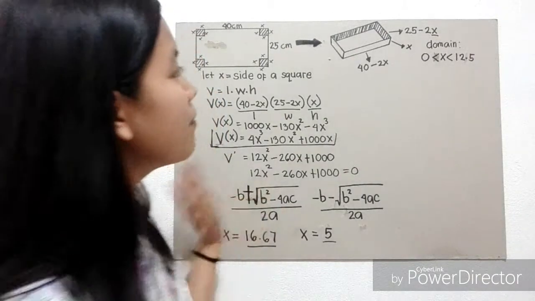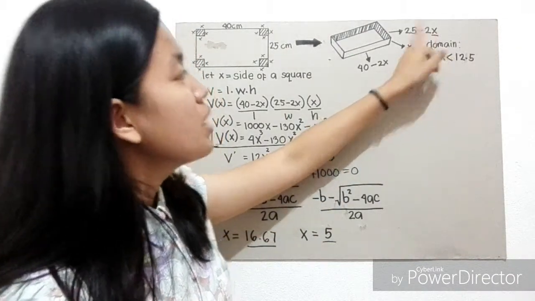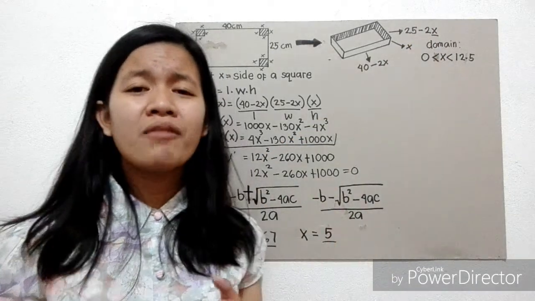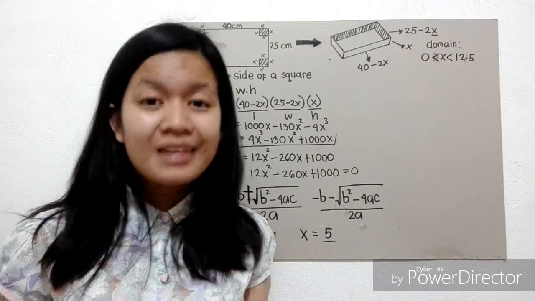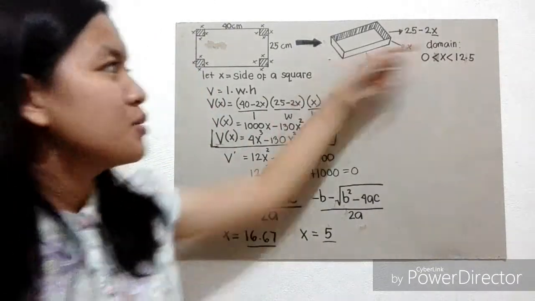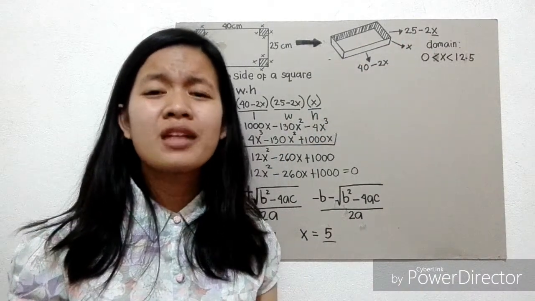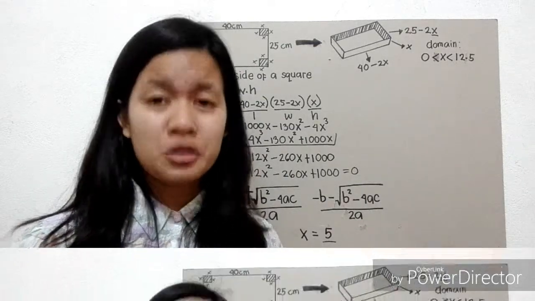But if you substitute 19 into 25 minus 2x, you'll have 25 minus 38, which is a big no-no because you'll have a negative answer, and there's no such thing as negative length, right? That's why I used 25 minus 2x. I hope you understand that, and if you still have more questions about that, don't hesitate to leave them in the comments section below.